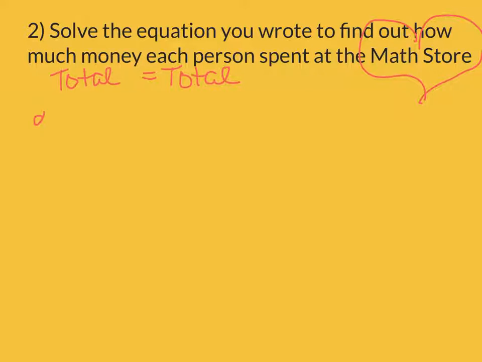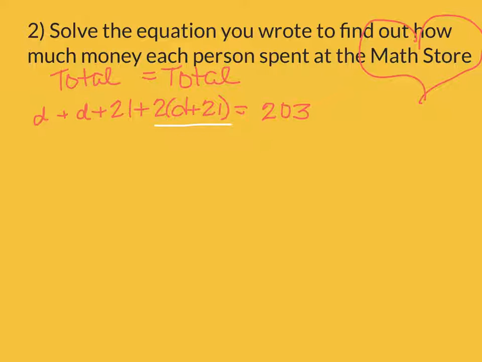So we've got D plus 21 plus 2 times the quantity of D plus 21, and that's going to be equal to the other total that we were given, which was 203. Now we do know that we need to combine like terms here, but we should notice that before we can combine like terms, we need to address this right here, because there's nothing that can be combined there until we take care of those parentheses.